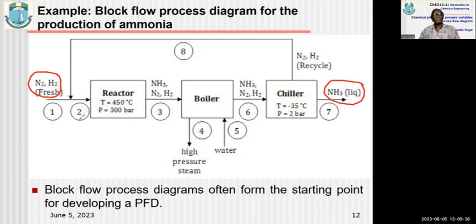What's the relationship between stream 2 and stream 1? You can also tell me whether they're the same, and if they're not the same, what is the relationship between the two streams?